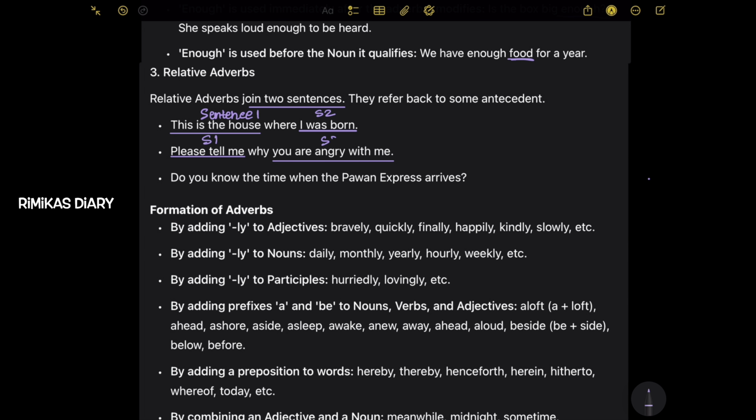Sentence 2. Do you know the time? Sentence 1. The Pavan Express arrives. Sentence 2. So it's used to connect sentence 1 and sentence 2, to join two sentences.